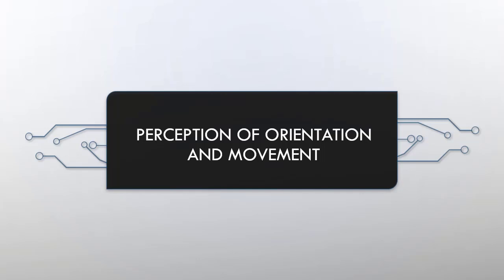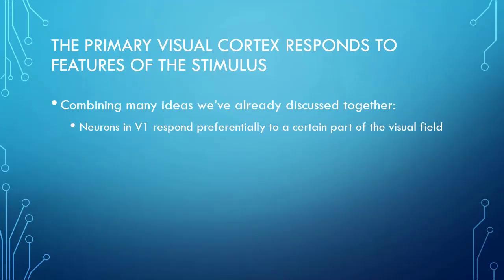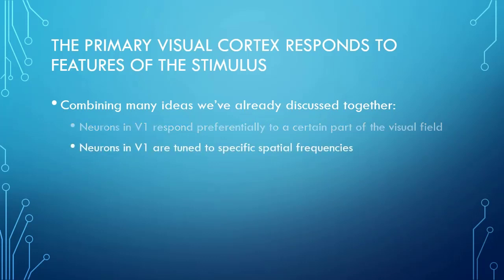So then how do we perceive movement and orientation and things like this? Well, in some ways you all already know the answer to this. So let's put together a few things that we know. So first, neurons in the primary visual cortex. We've already said they respond to certain parts of the visual field. So our eyes know where an object is in the visual field.